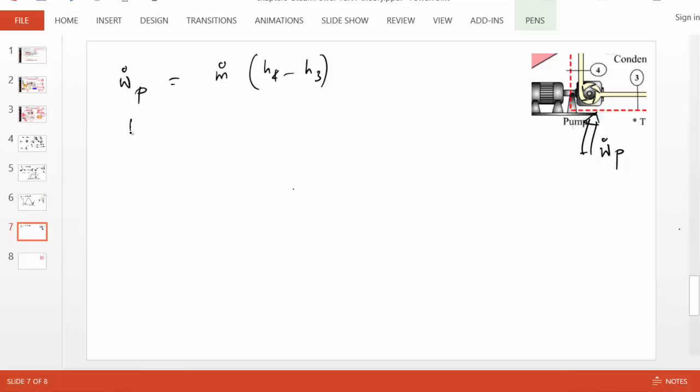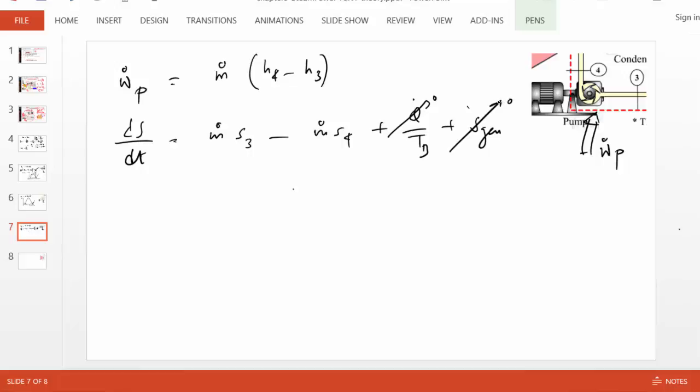You can show, just like the turbine, m dot S3 is entering, m dot S4 is coming out. There is no heat transfer, this term is not there. There is no friction, no entropy generation. Steady state, that's why it's isentropic.